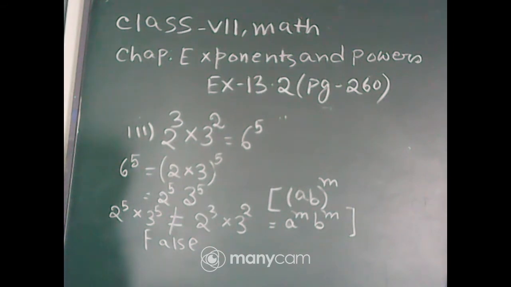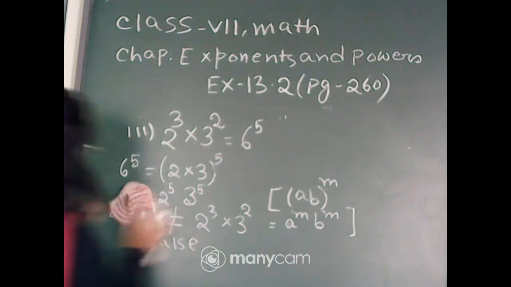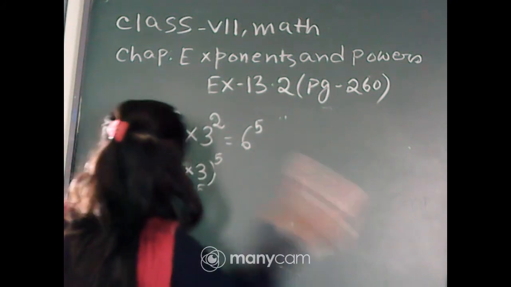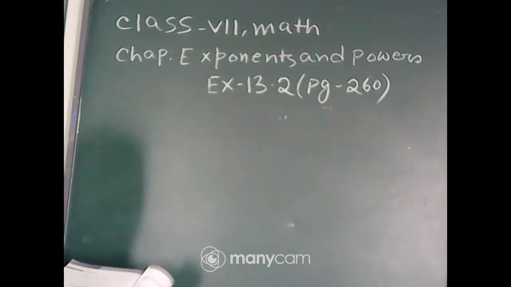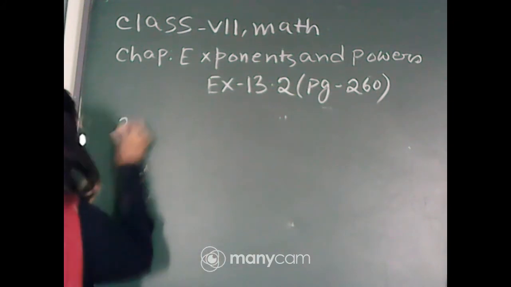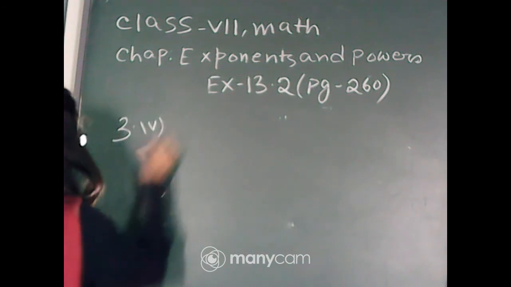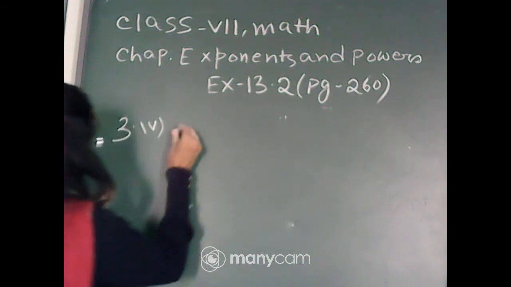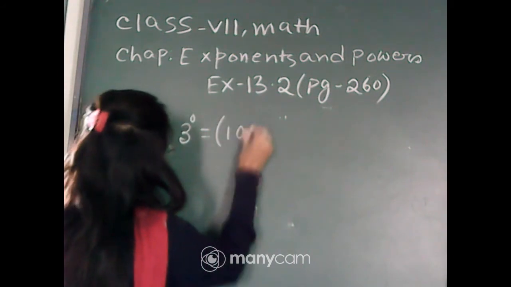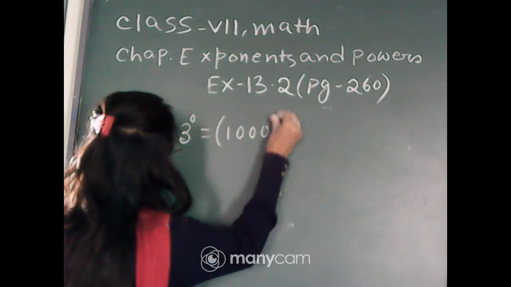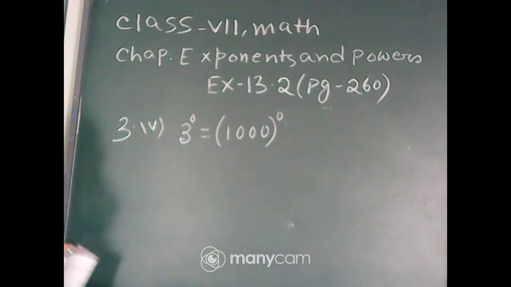Next, question number 4 of 3. Here it is given that 3 to the power 0 is equal to 1000 to the power 0. We have to decide whether it is true or false.